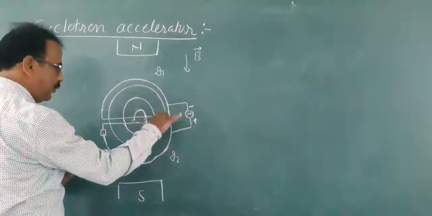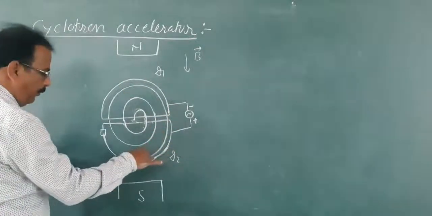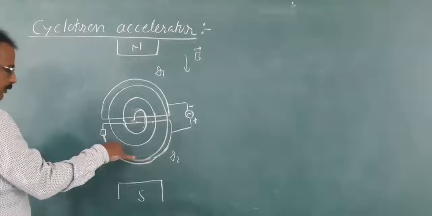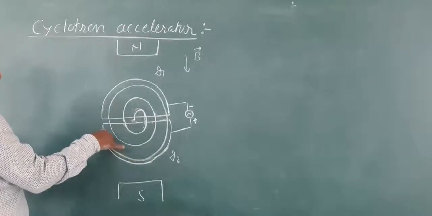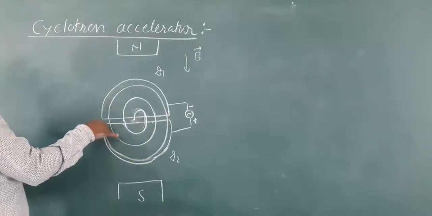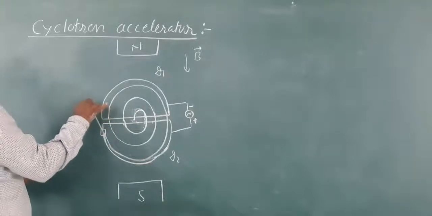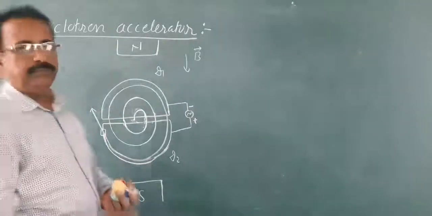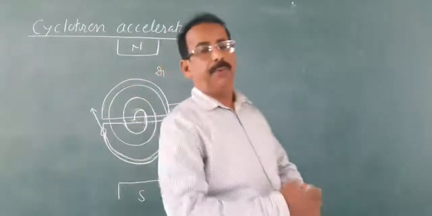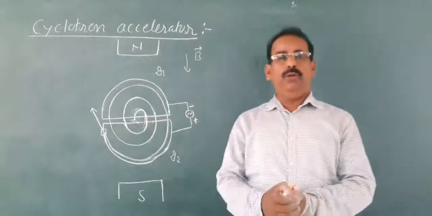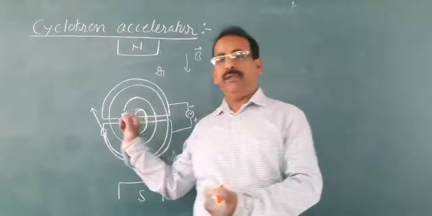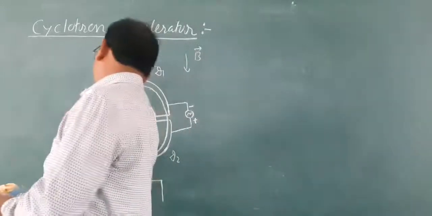Finally, when charged particle moves in a circular path with a radius equal to radius of the D, we find that the charged particle gets ejected from the window. This charged particle hits the target.